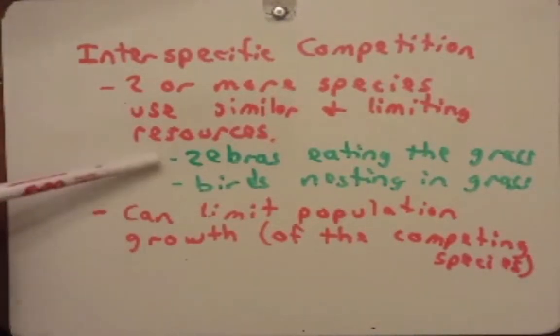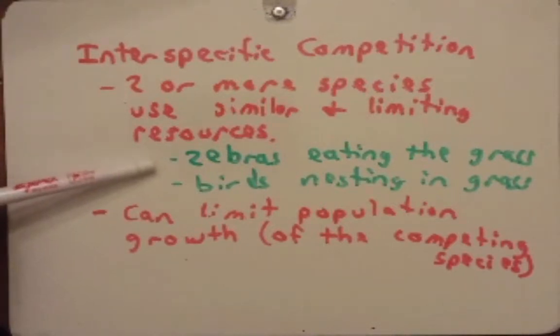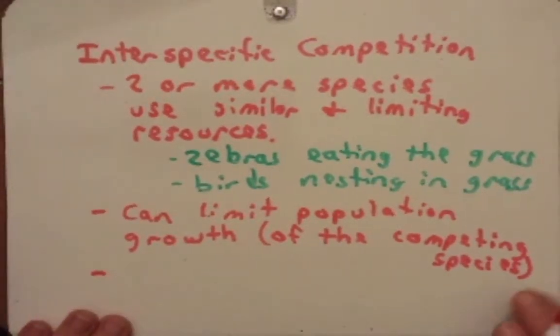So if the zebras outcompete the birds by eating more grass, then the birds now can have their population limited. If another animal comes along and eats more of the grass and is better at it than the zebras, that's going to limit the zebras' ability to survive.